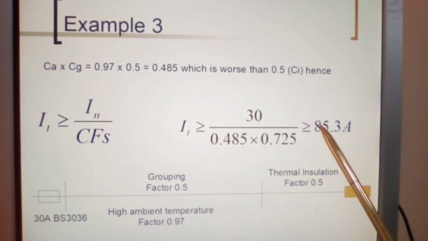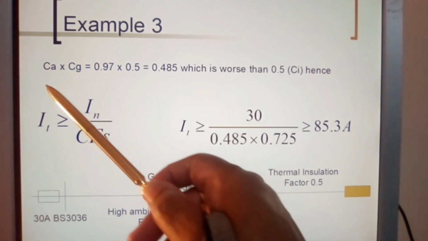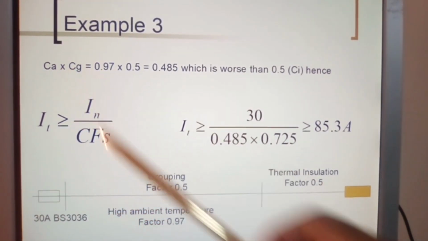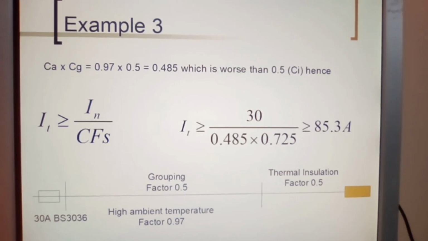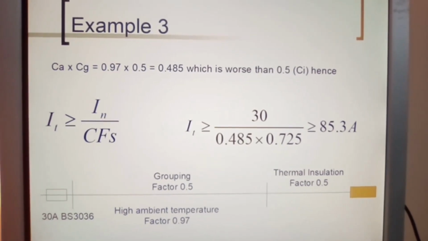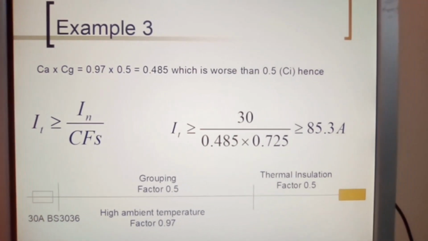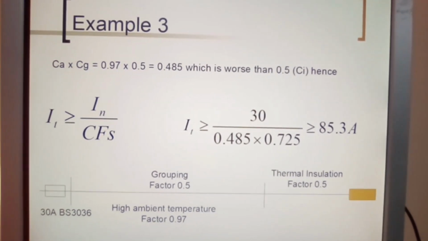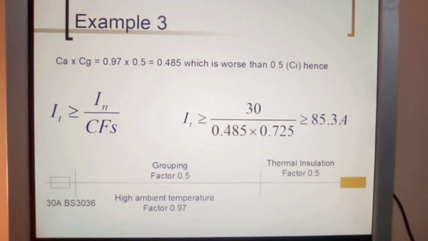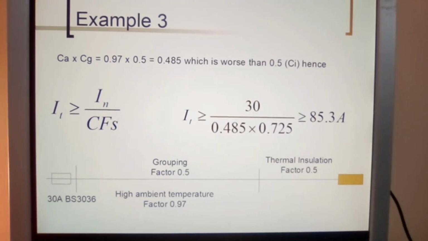Again, you can see we still have a high current rating. Be familiar with CA, CG, etc. in regards to the IEE regs. They are quite clear and they tell you exactly what they are. That is your business to know and to find out completely.